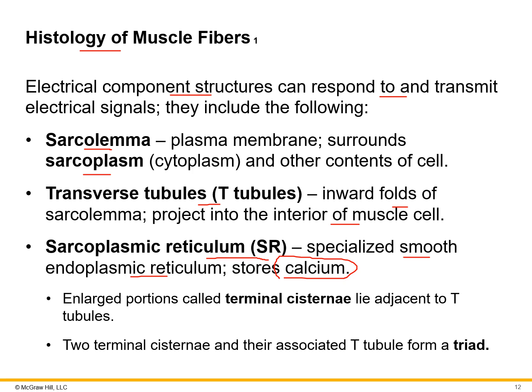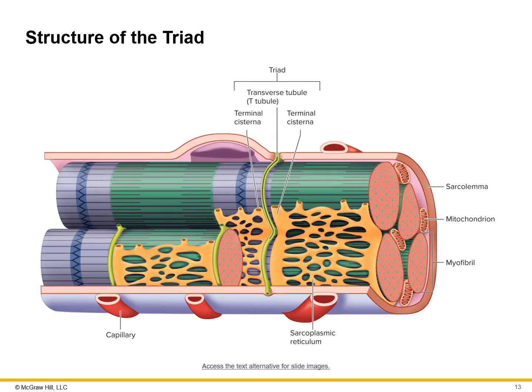Then we have some enlarged portions of the sarcoplasmic reticulum called the terminal cisternae. Those line the T-tubules, the folds of the plasma membrane of the muscle. Two terminal cisternae and their associated T-tubule are called a triad. We'll see a picture in a second. Here's what that actually looks like.